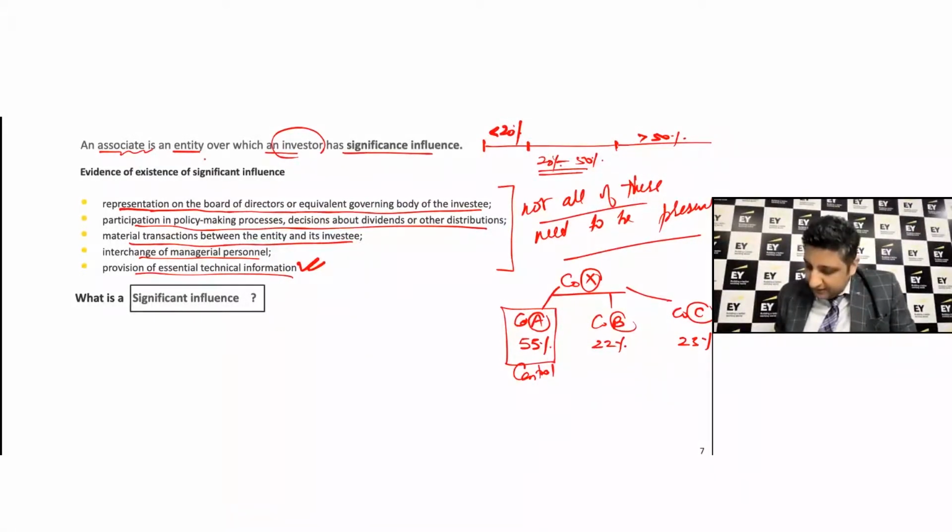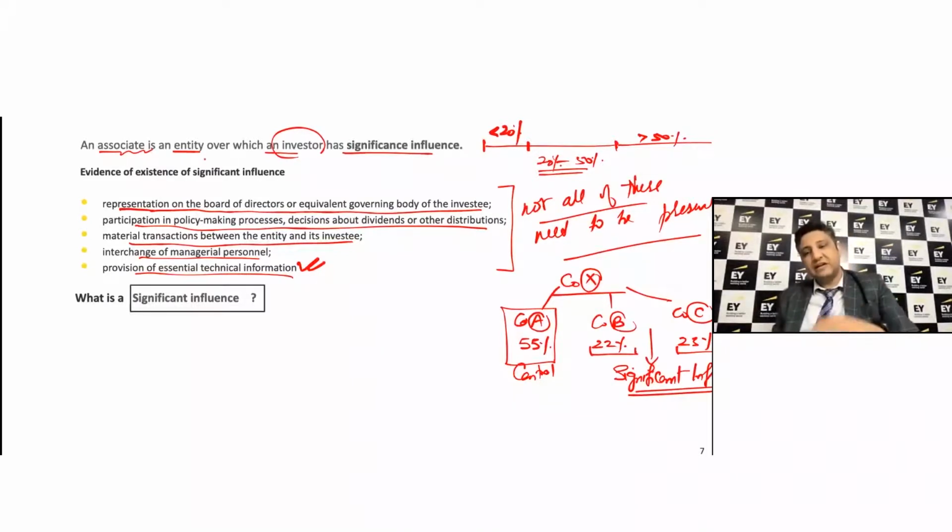Then both company B and company C are presumed to have a significant influence on the decision making of company X. Is it a right observation? The answer is yes. You can have more than one entity who can exercise significant influence over the investee.